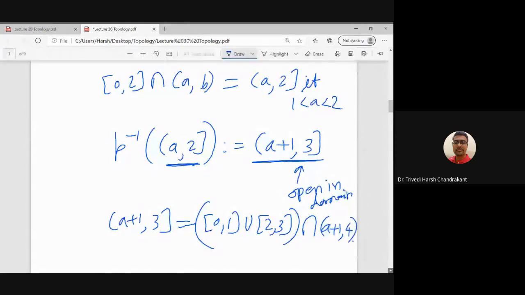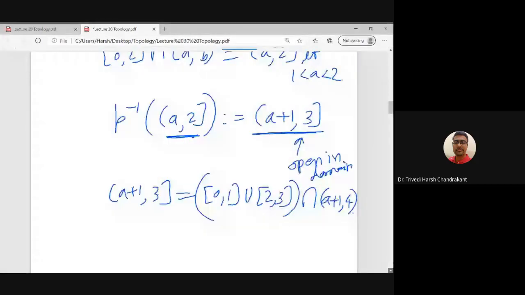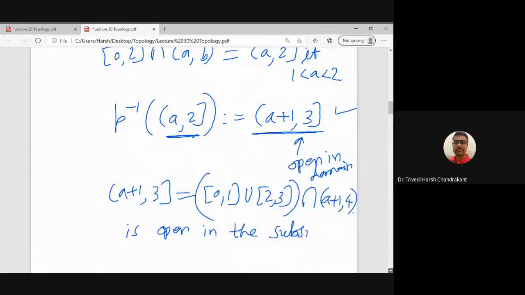So this set is open in the subspace topology on the domain X. So here we have checked that we take a particular basic open set and its inverse image is open. In the same way you can check the other possible basic open sets also.